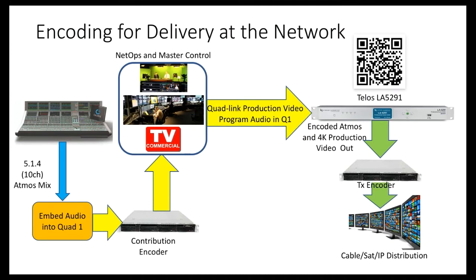It simply takes that production video in your 4K format and encodes it, maintaining all of the sync relationships that are present at the input, and then relays that to your transmission encoder, and then off to the next step in the delivery chain to the home.